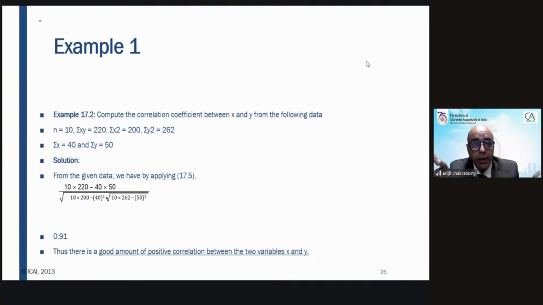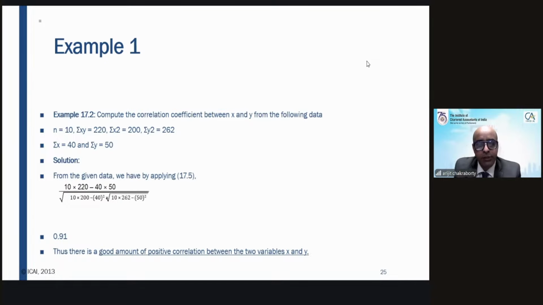Denominator में क्या है? You are getting n into sigma x square. Sigma x square here is 200 minus sigma x whole square. Sigma x का whole square. पूरा standard deviation का formula. Absolutely the formula which we have learned in calculating standard deviation or when we were solving problems on variance analysis. So this is the first part of the denominator.